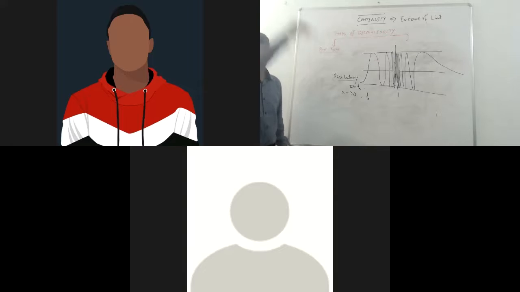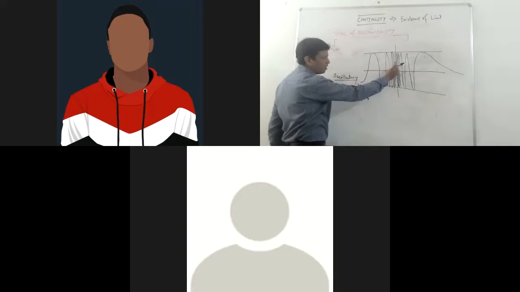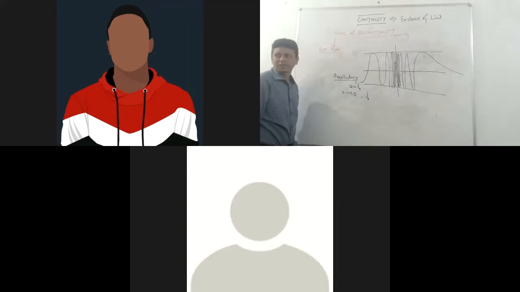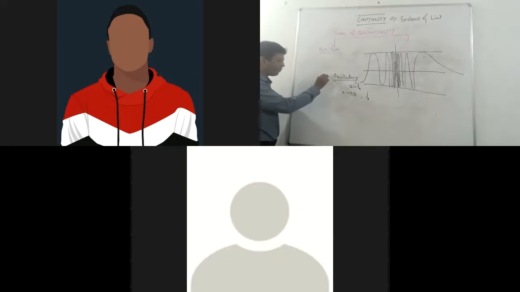Plus infinity, minus infinity, plus infinity, minus infinity. The oscillation will be much more concentrated here. These are all discontinuous. Oscillatory discontinuity at x equal to 0. Still, sin 1/x is bounded. Please take a note of that, a very important concept.